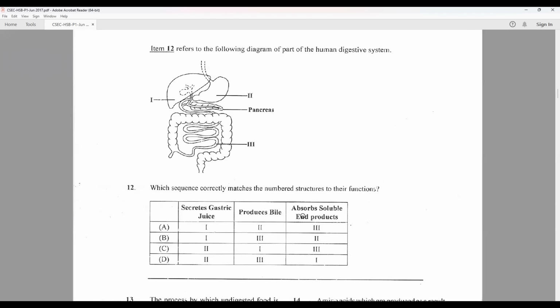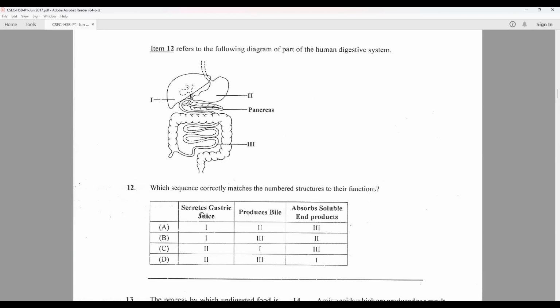Question 12 refers to the following diagram of part of the human digestive system. Which sequence correctly matches the numbered structures to their function? We have 1, which is the liver. We have 2, which is the stomach. We have 3, which is the small intestines.